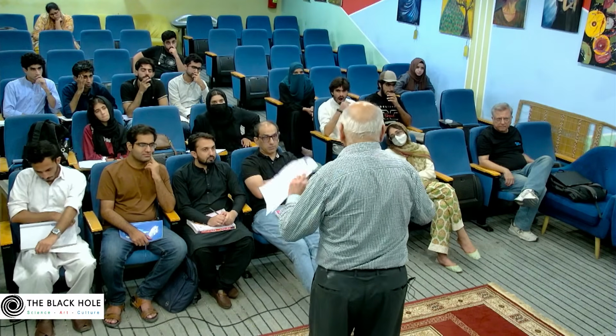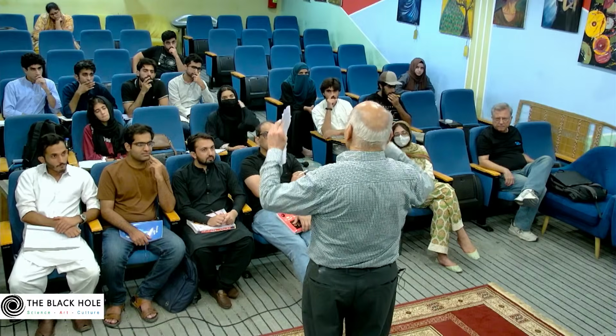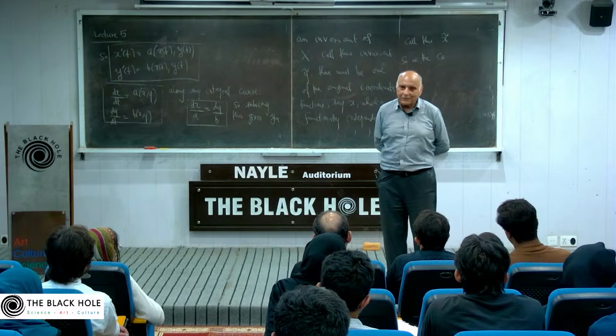If I give you any system of PDEs, homogeneous and first order, then you can introduce coordinates so that the system becomes partial by partial x1, through partial by partial xk, no matter what.